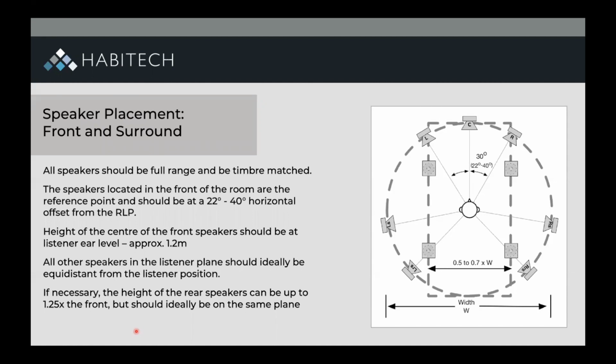The speakers located in a room should be pointed at the reference point, obviously from the front, and should be set at 22 to 40 degree offset from the reference listening position. So basically the center speaker faces the listener, and the left and right need to be angled at 22 to 40 degrees away from the central point of the RLP.